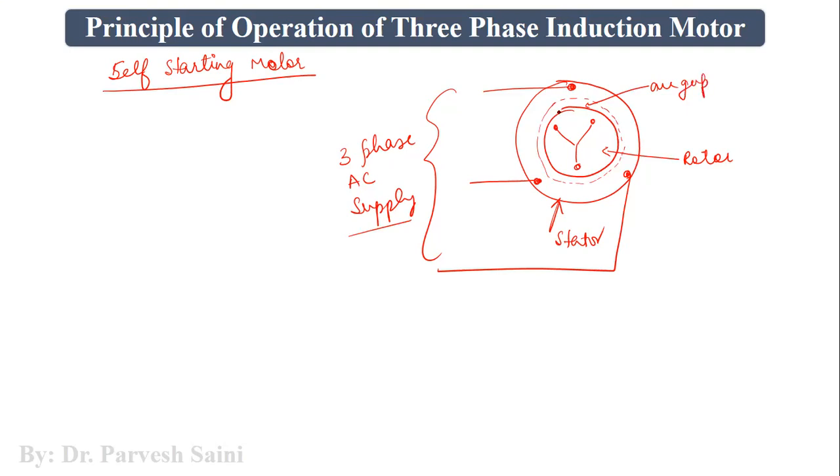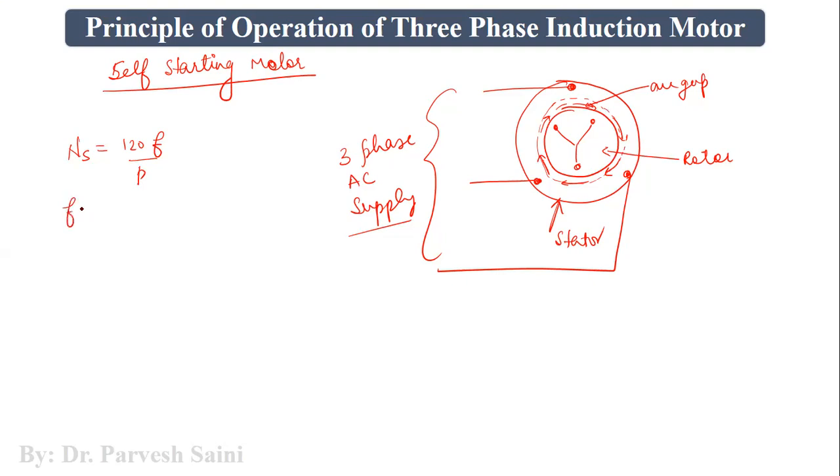So in this air gap we have the rotating flux, or we have the flux which has a rotating nature, rotating in a clockwise direction with a certain speed, and this speed is given by Ns is equal to 120 f by P.